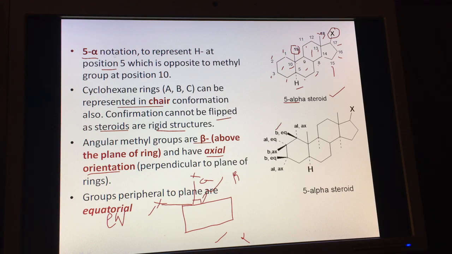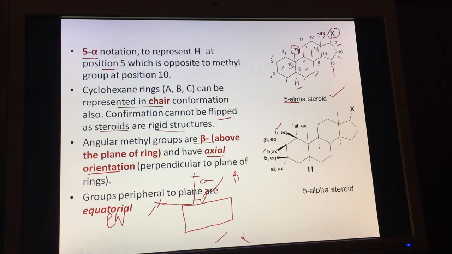This B means beta and Al means alpha. Likewise AX means axial and EQ means equatorial. This is equatorial. At position number 2, this hydrogen is axial and this is equatorial. This is alpha and this is beta, and this is beta and axial.